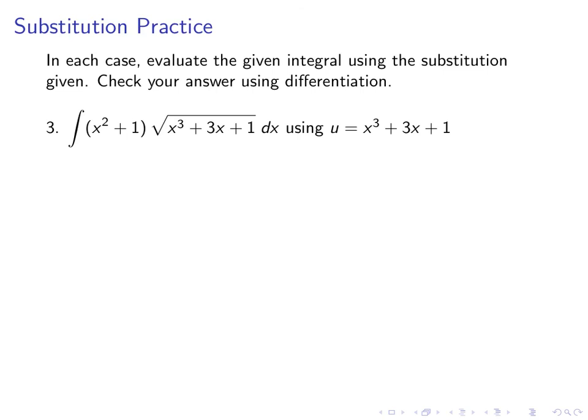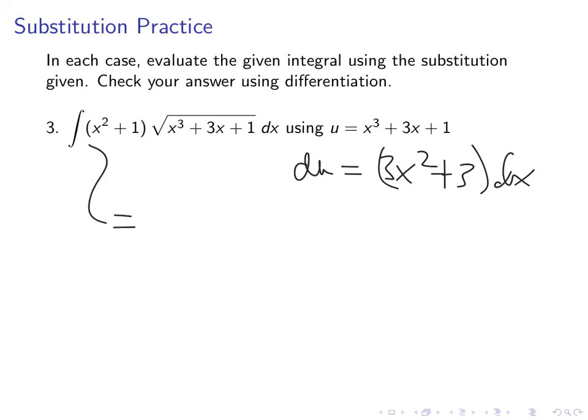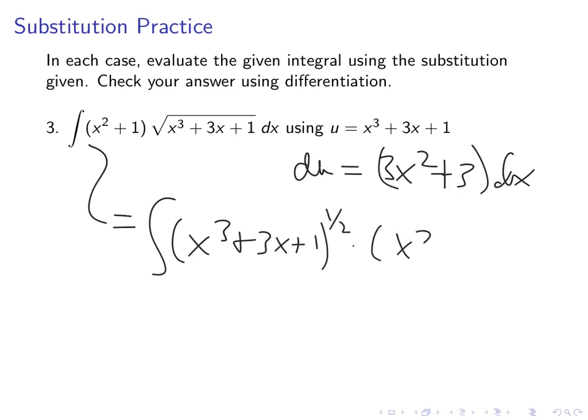Here's the last one from this substitution. I have du equals 3x squared plus 3 dx. In the original problem, I have x cubed plus 3x plus 1 to the 1/2 times x squared plus 1 dx. And so I have this thing in my problem, and this is what I know.